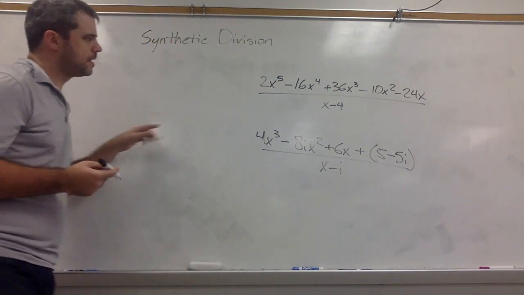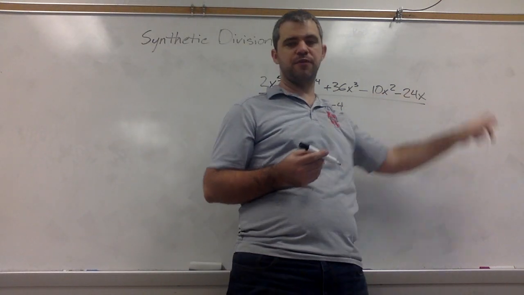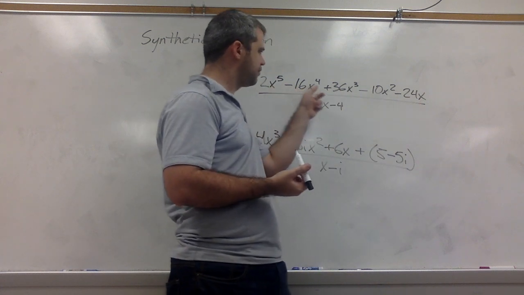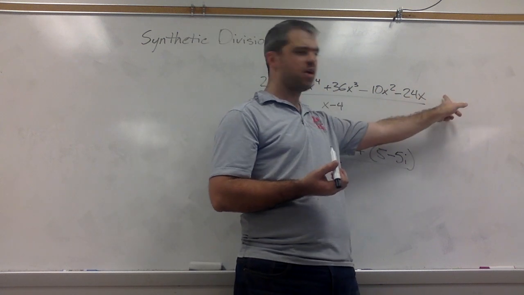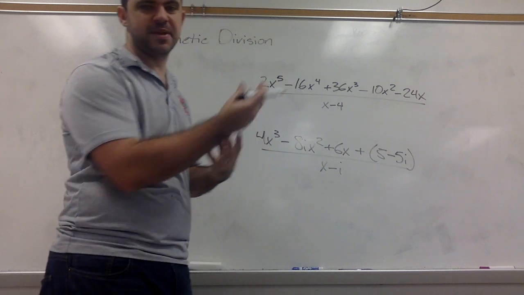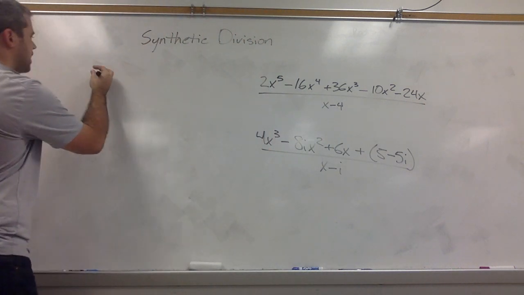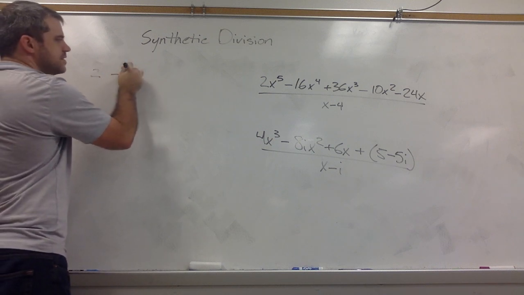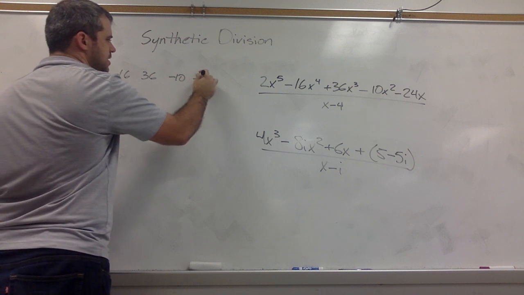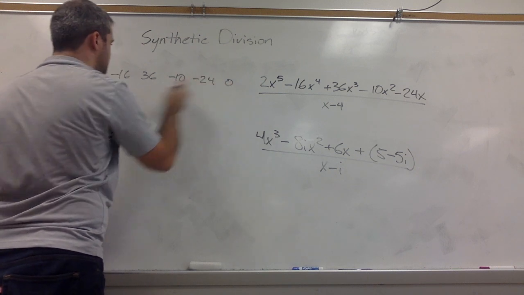So what we do is we take all of the coefficients of our polynomial, including, you see we have x to the fifth, fourth, third, second, first. We should also have a 0 here for that missing term. So we've got 2, negative 16, 36, negative 10, negative 24, and 0.